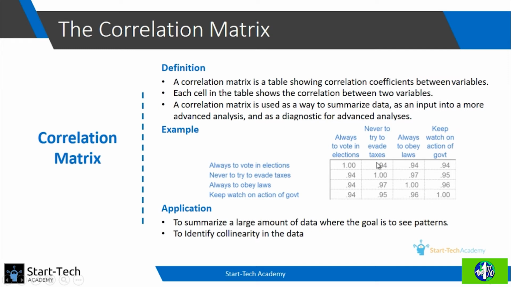And this value, which is giving us the correlation between always to vote in elections and never to try to evade taxes, this 0.94 value will also come here because these two variables are also present as rows and columns for this cell. If you look at this matrix carefully, this matrix is basically having a mirror image of itself about this diagonal. So this particular cell is same as this cell, this particular cell is same as this cell, this is same as this cell. So basically it is a mirror image about this diagonal.